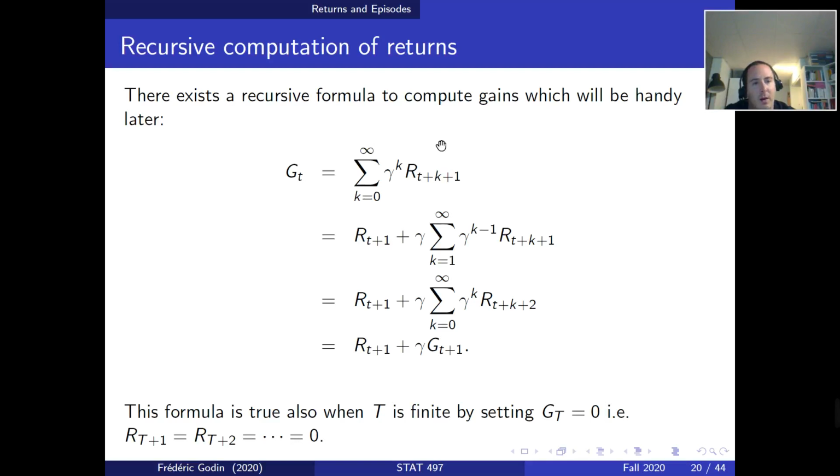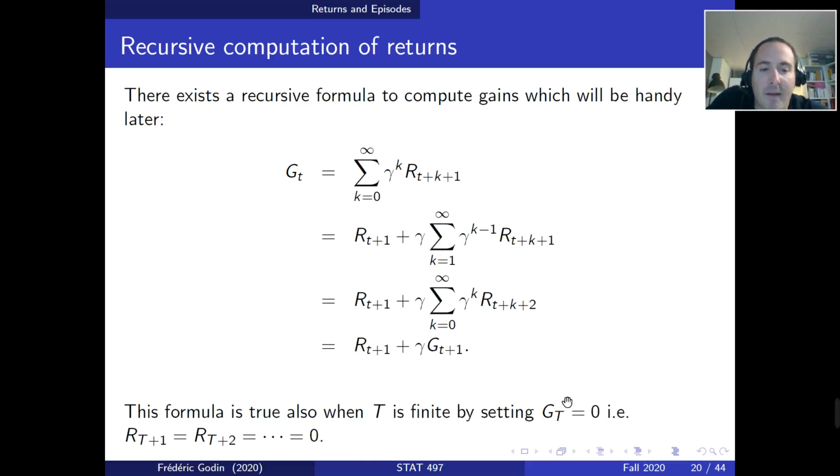Here we had time go to infinity, but this formula also holds when you have a finite termination time. When you terminate your experience at time capital T, recall that termination was defined as the first time you attain some absorbing state, then the previous formula can also be shown to hold.